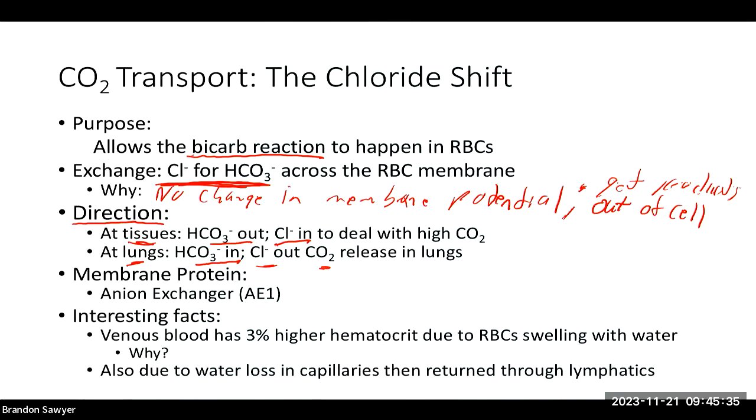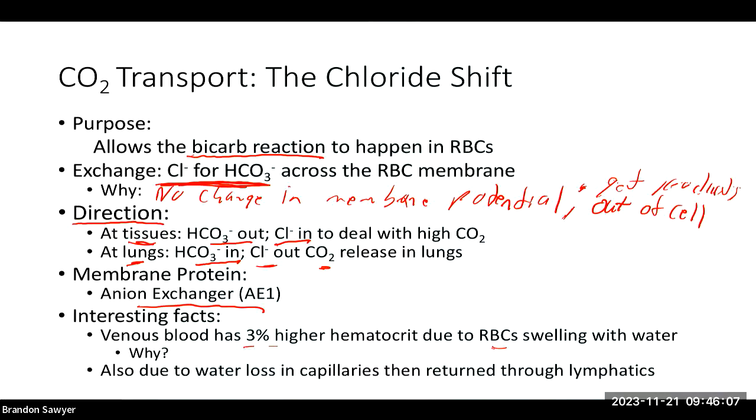The membrane protein that's going to help us do this exchange is called anion exchanger 1. One thing that's interesting about this is our venous blood has about 3% higher hematocrit due to the red blood cells swelling with water. The reason for that is we keep that negatively charged ion inside the red blood cell, which creates some osmotic pressure that pulls water with it.